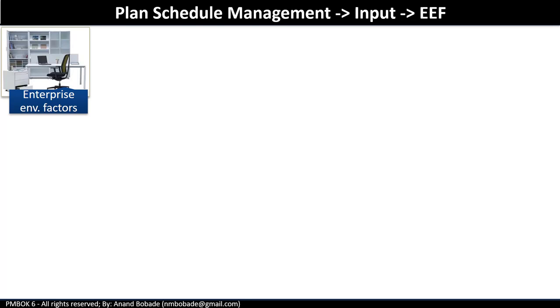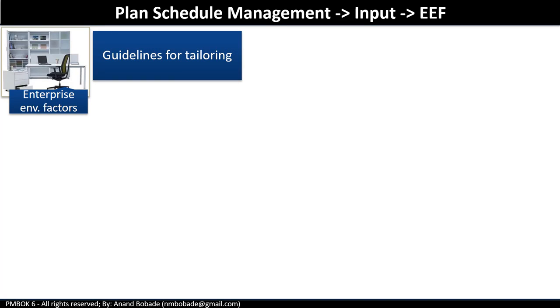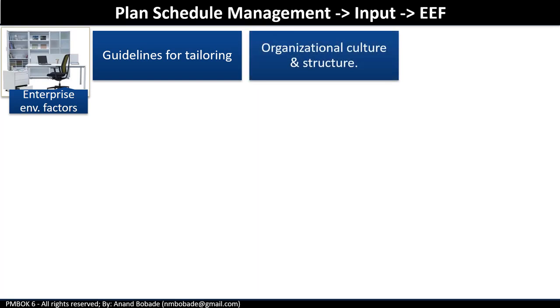Enterprise environmental factors may include guidelines for tailoring processes for a specific project, organizational culture and structure. This will determine how resources are allocated and decisions are made. For example, in a functional or centralized organization structure, resources are devoted mainly towards operations, and in this case, the functional manager will make most of the decisions.